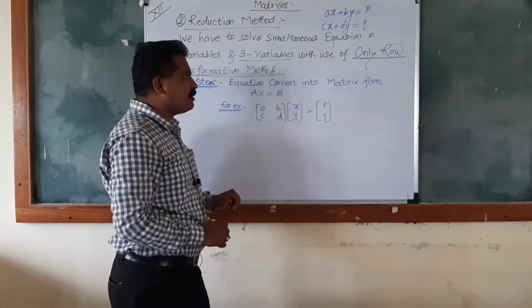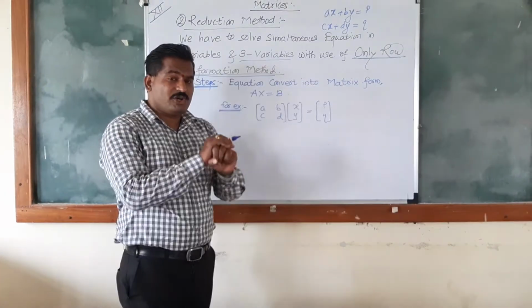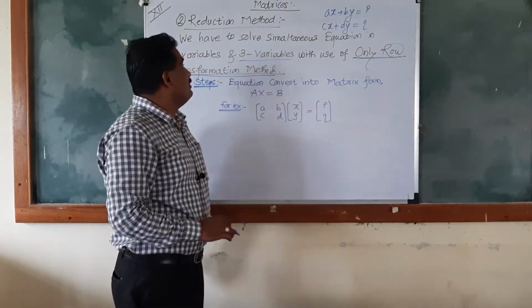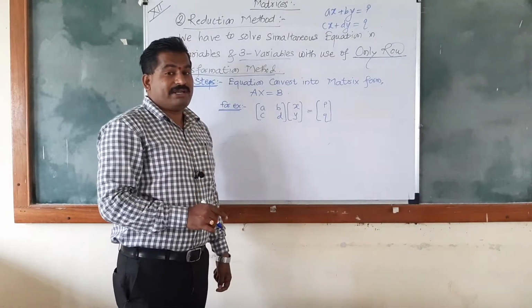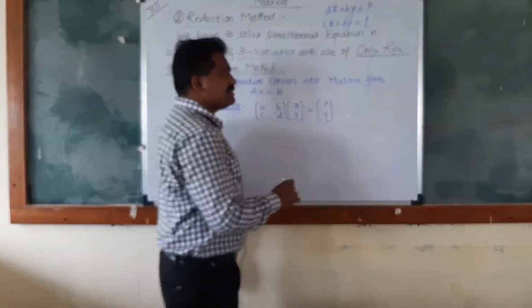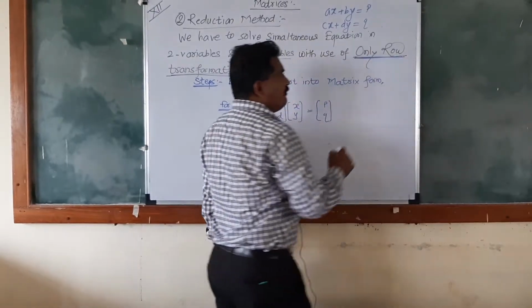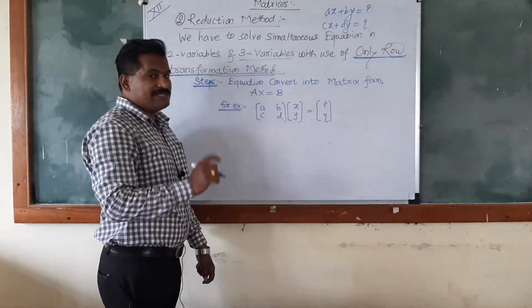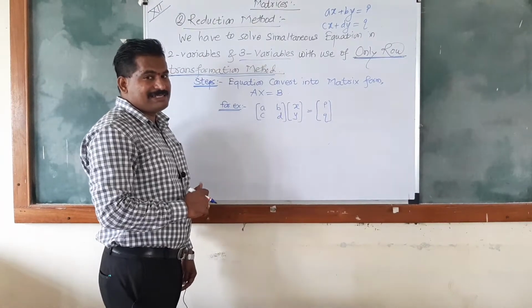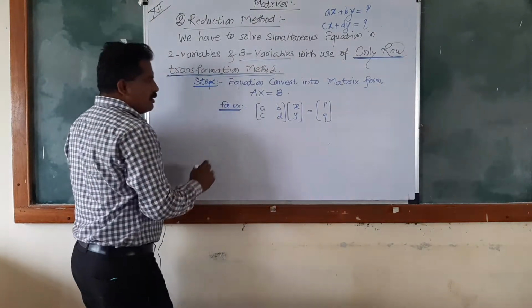Therefore, column transformation is not used in this reduction method, which is the first very important factor. There is use of only row transformation, which is also asked in MHT CET.